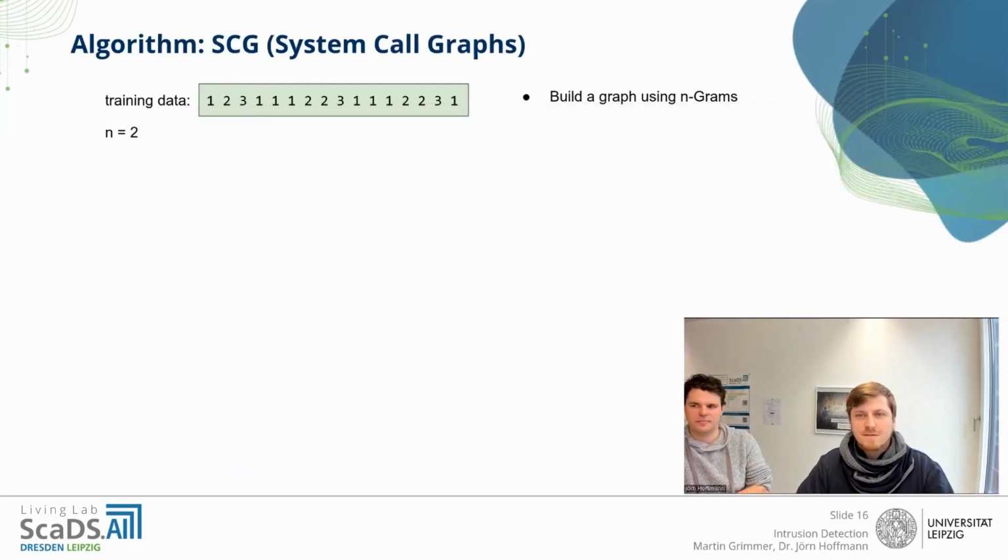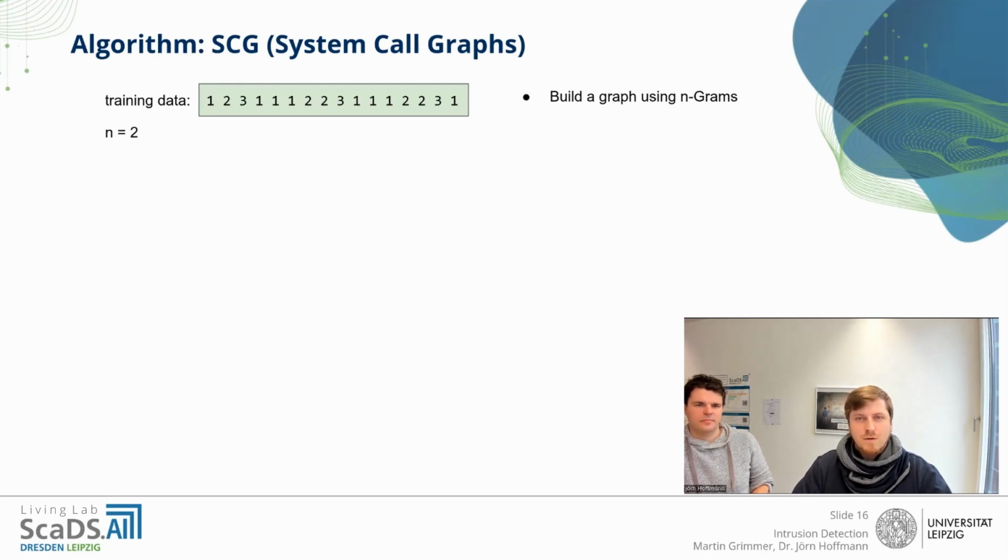For this lecture, we choose the system call graph algorithm. The task here is to build a graph from the system call sequence to identify intrusions. Here we use the concept of n-grams, which are short subsequences within this given sequence. For simplicity, we use just numbers instead of system call names here.